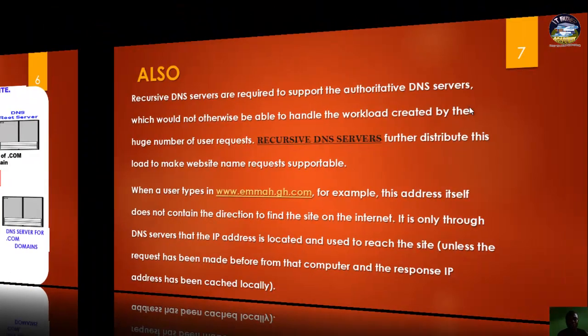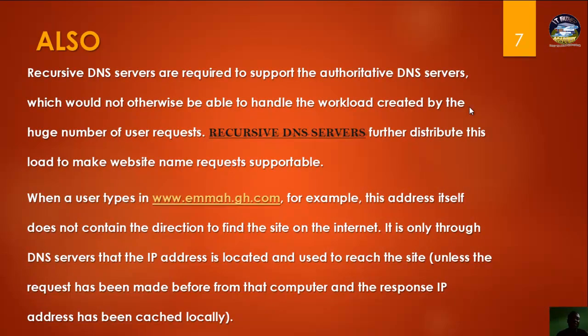So let's move on. Also, recursive DNS servers are required to support the authoritative DNS servers, which would not otherwise be able to handle the load created by the huge number of user requests. So recursive DNS servers further distribute this load to make website name requests supportable.